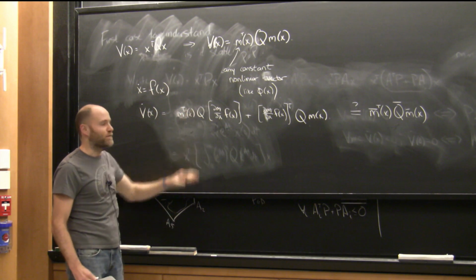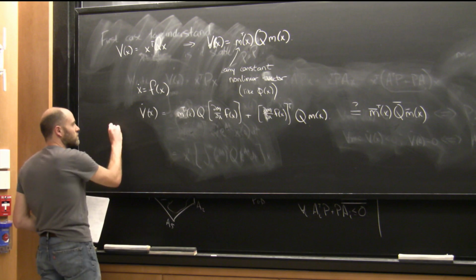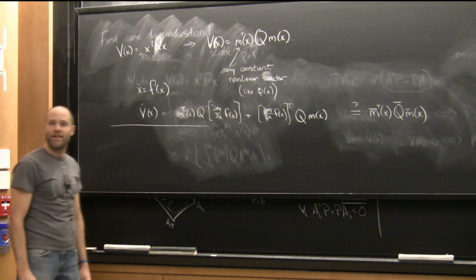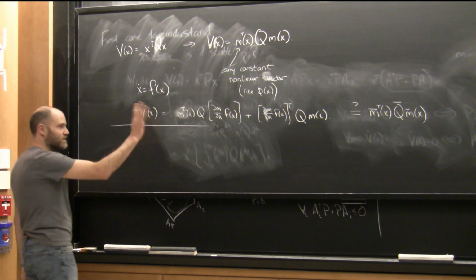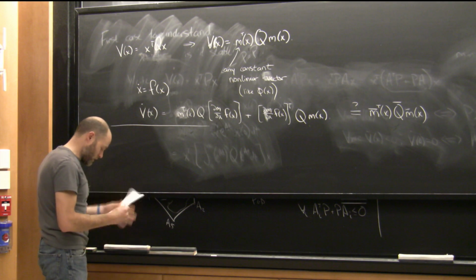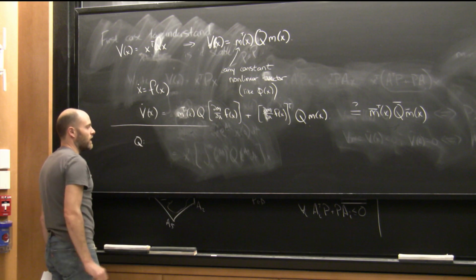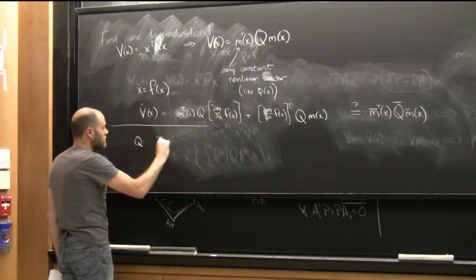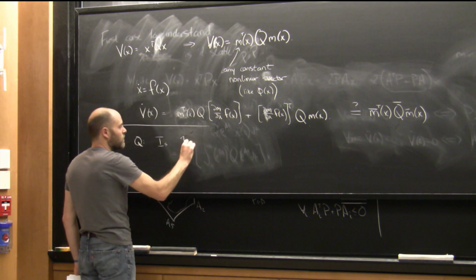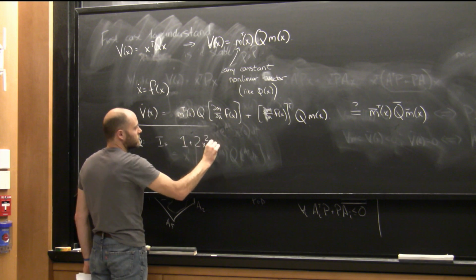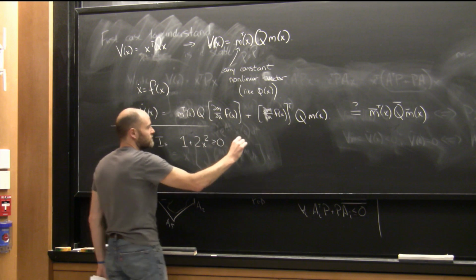That's one view. Let me come at it from another slightly different angle now and tell you a separate way to present the same thing. Here's a question. Is 1 plus 2x squared greater than or equal to 0 for all real x?